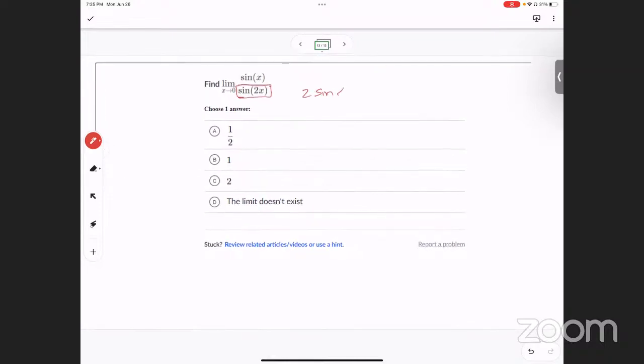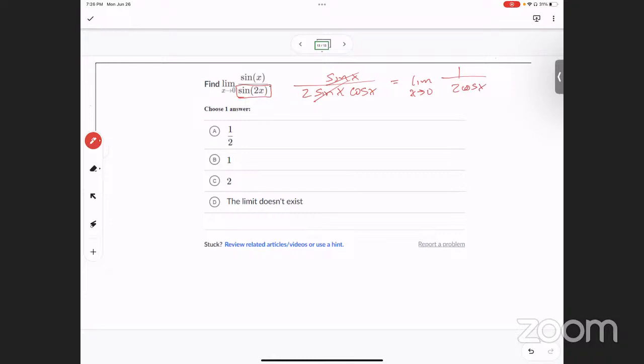Yeah, I think it is. I would guess that you would write it like that because then I can cancel the sine x's out. So that really just equals the limit as x goes to 0 of 1 over 2 cosine x.